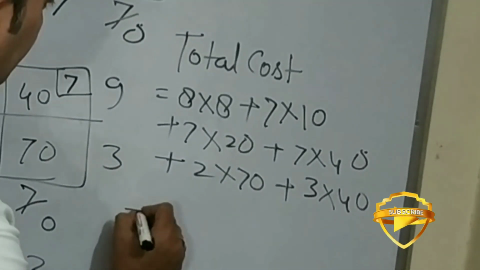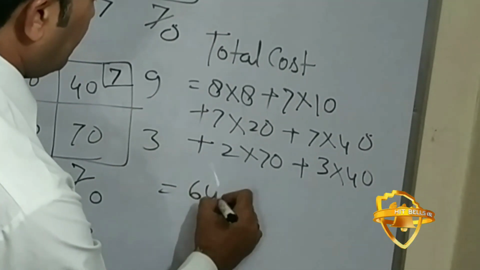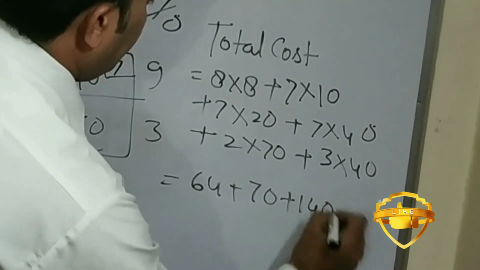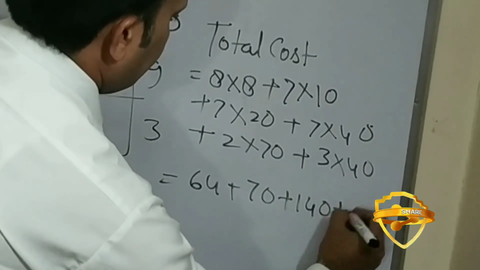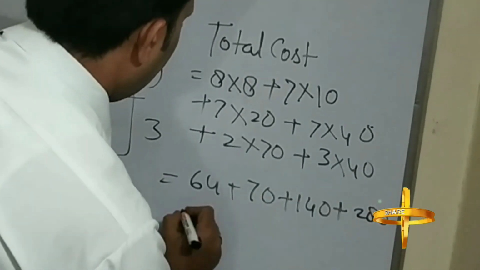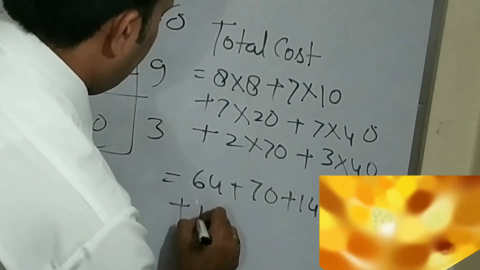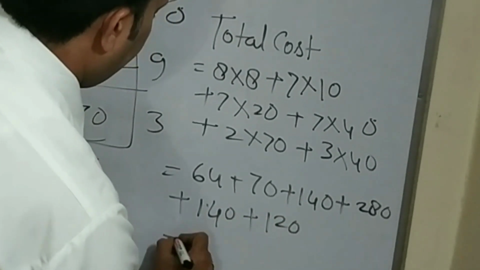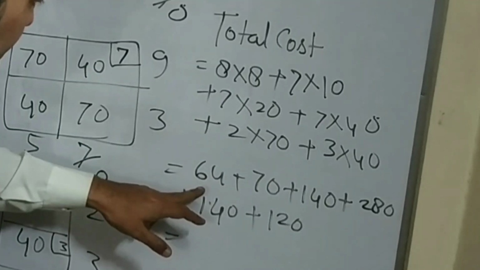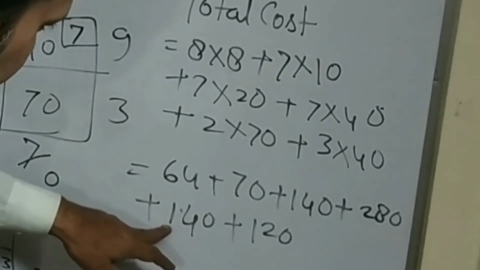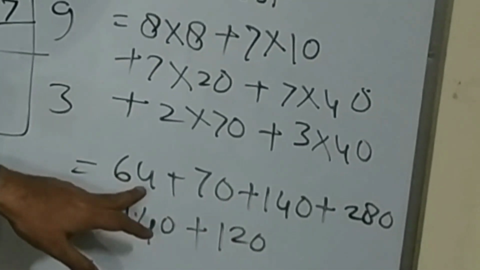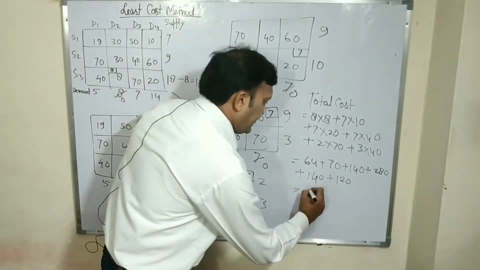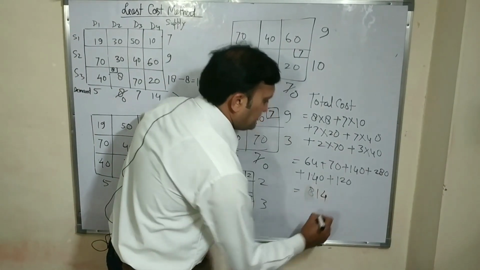So we are going to calculate it. 64 plus 70 plus 140 plus 280 plus 140 plus 120. So now we are going to add it, and we will find that the value comes to 814.